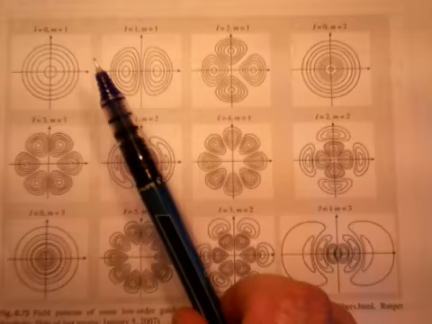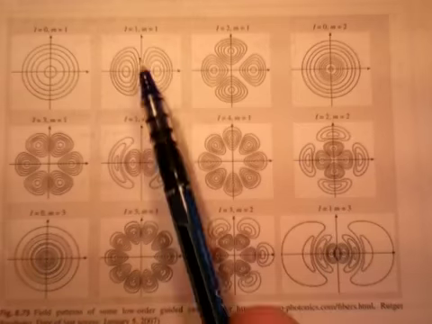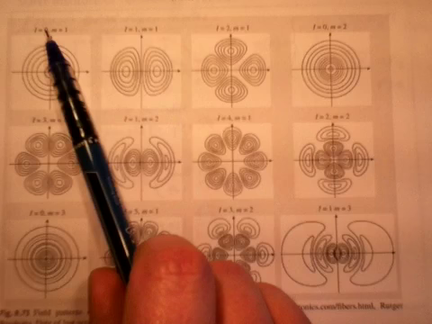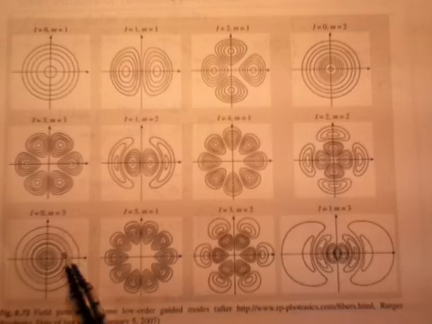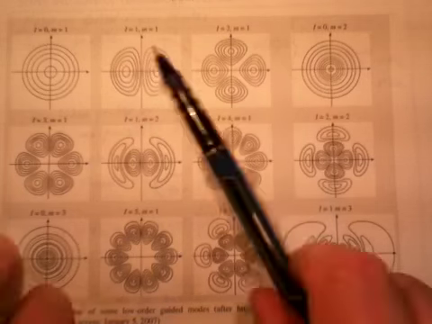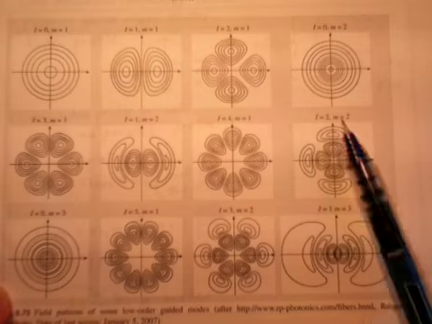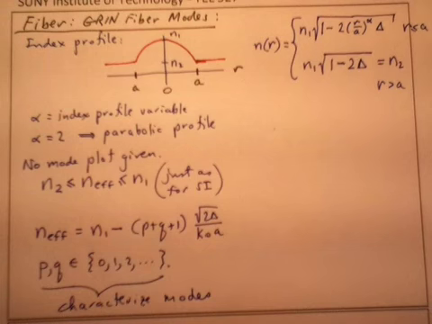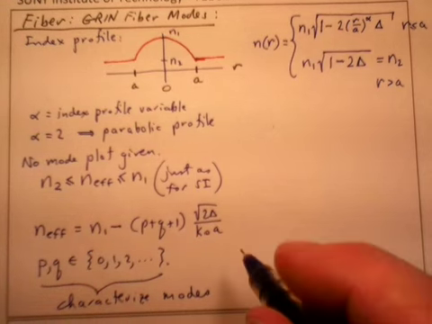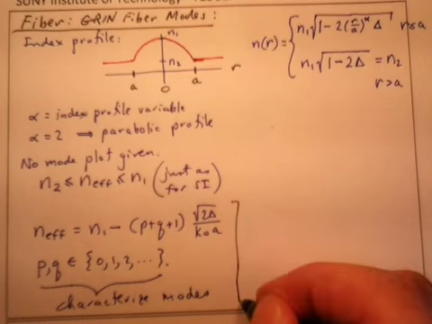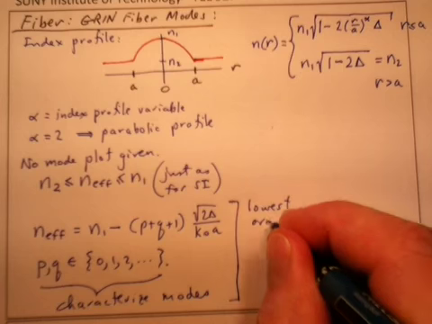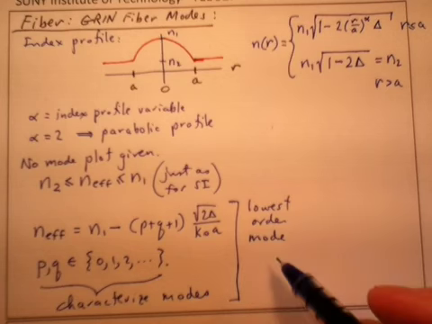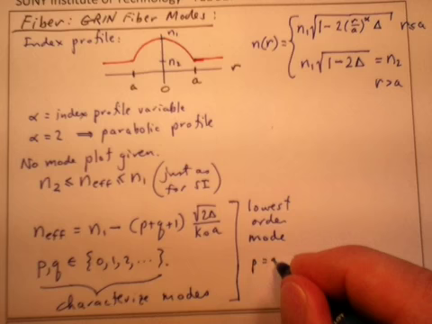You'll see that these diagrams are labeled with L and M. Here's the L0, M1, L1, M1, L2, M1. So basically, the p and the q are characterizing a whole bunch of different modes with different symmetries. Okay, and so the lowest order mode is more or less Gaussian, and it has p equals q equals 0.